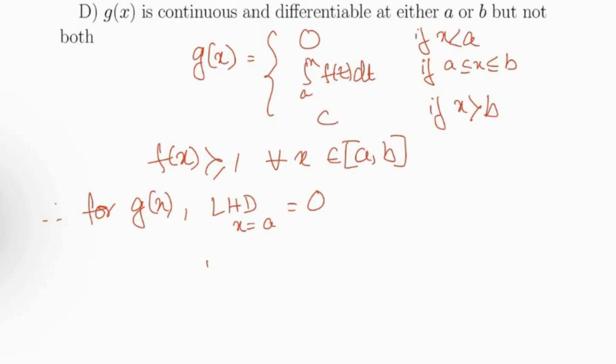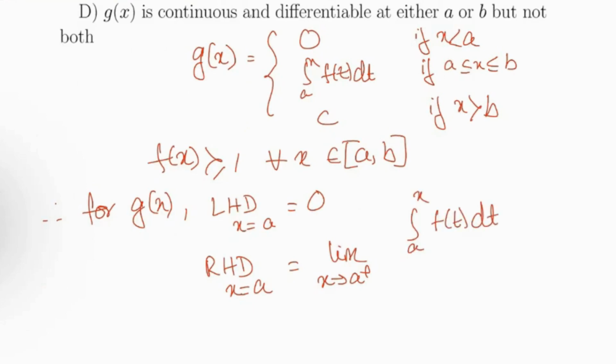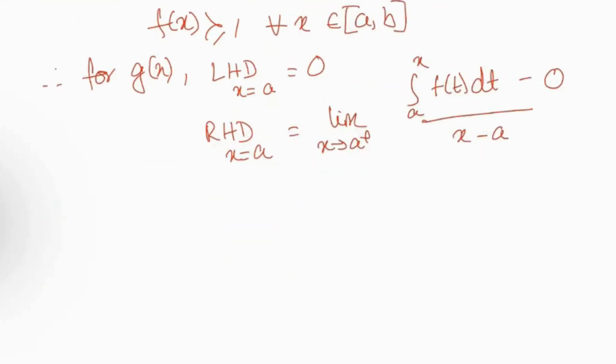The right hand derivative at x equals a is equal to the limit as x goes to a positive of integration a to x f t dt minus 0, divided by x minus a. If you apply L'Hopital, you'll get the limit as x goes to a plus of f of x, because the derivative of this is f of x.